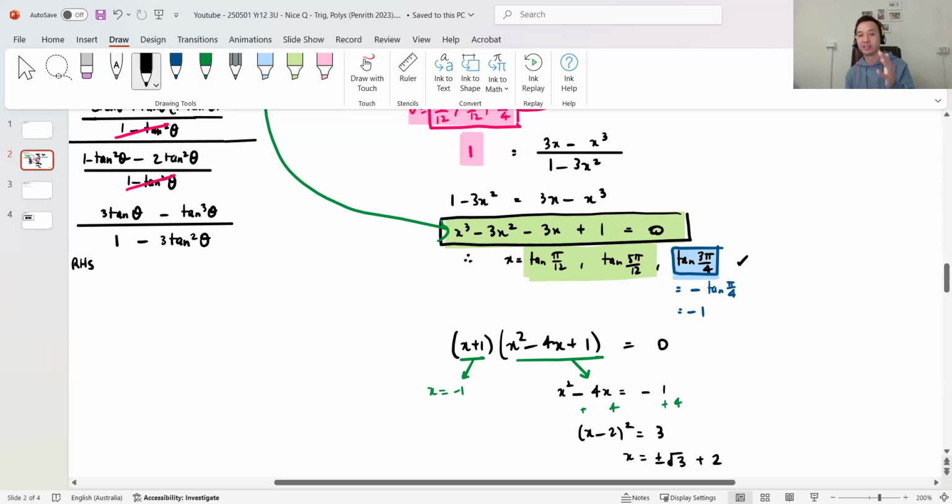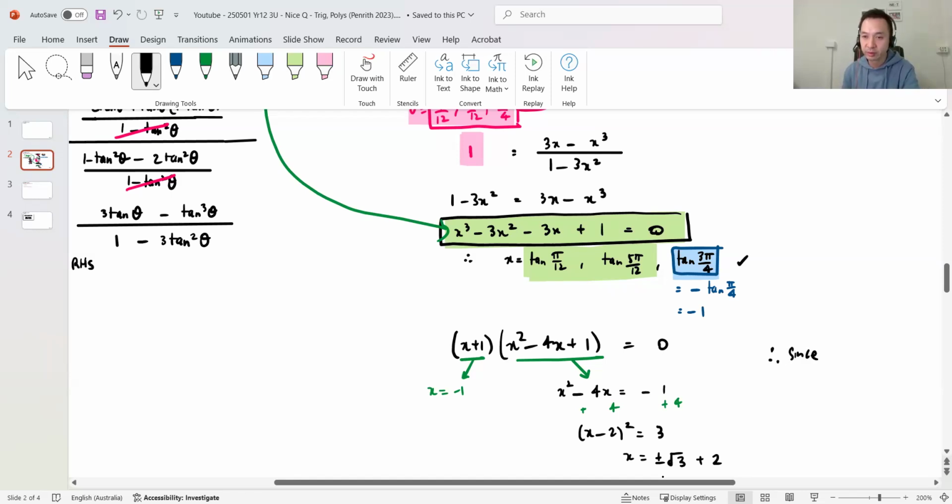Now, once you're down there, one's plus, one's minus. One of them is tan pi on 12, the other is tan 5 pi on 12. How do you know which is which? Tan pi on 12 is smaller, because the tan graph is increasing: as the angle gets bigger, the value gets bigger.